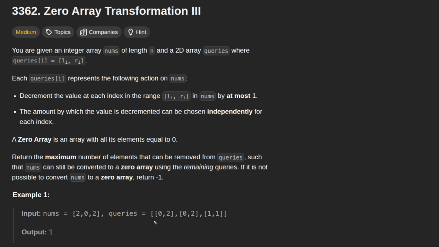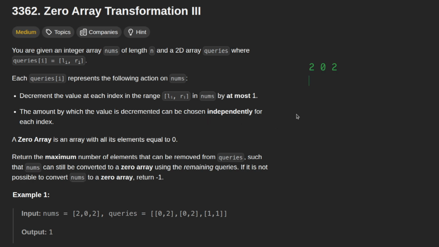Decrement the value at each index in the range L to R in nums by at most 1, which means we can choose either 0 or 1. Here it is given [2, 0, 2].